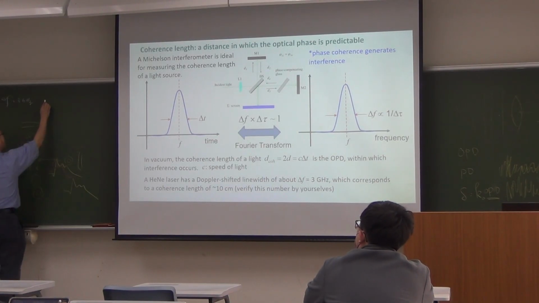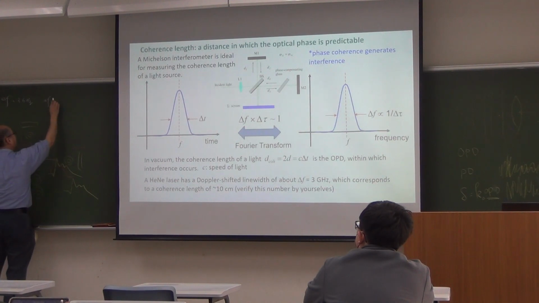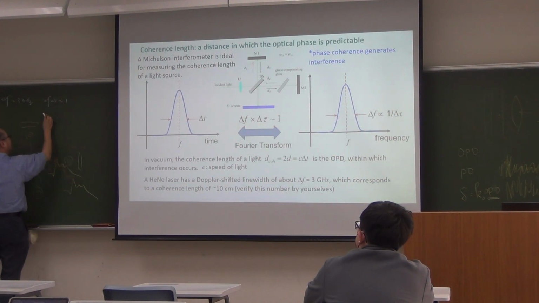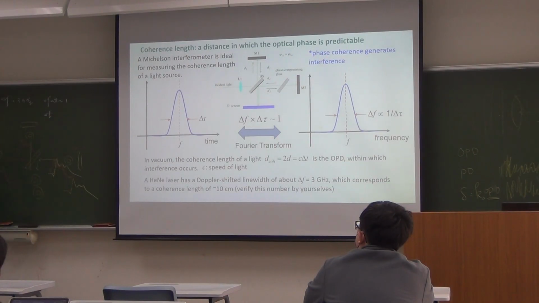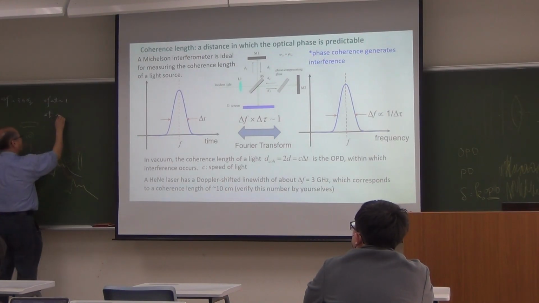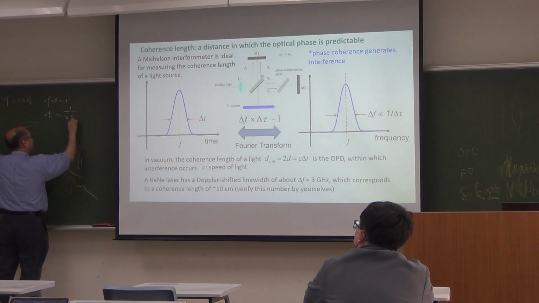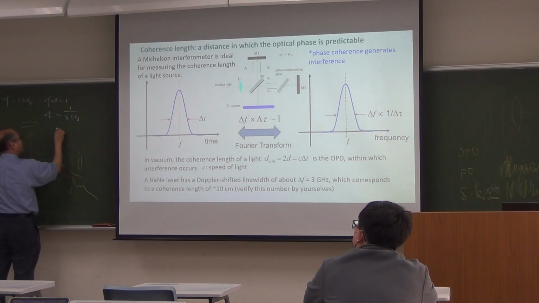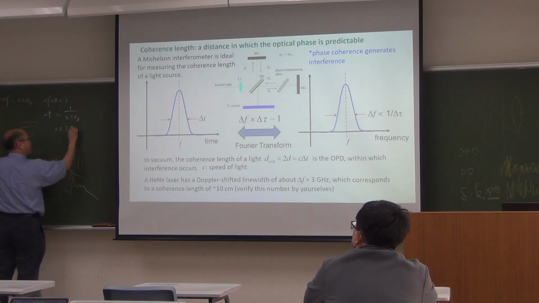Then from the Fourier relationship, your temporal coherent time is going to be roughly 1 over 3 GHz. This is about 3.3 nanosecond.